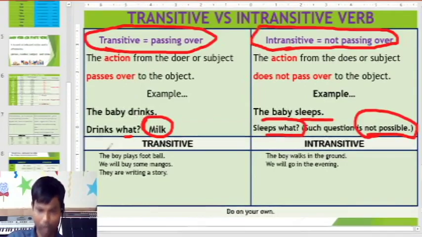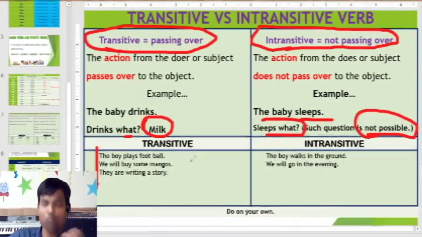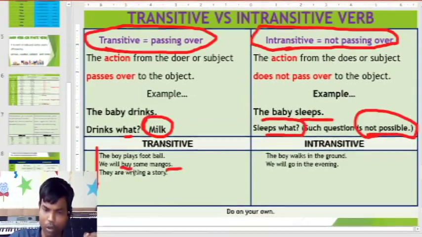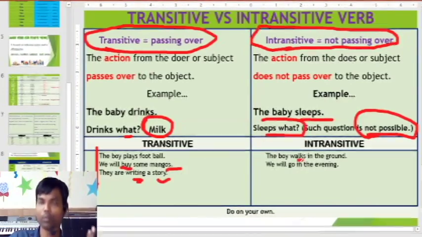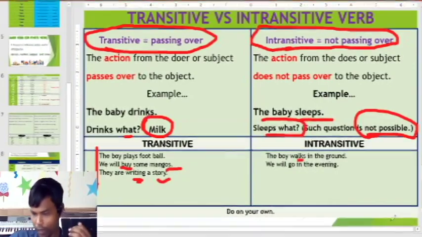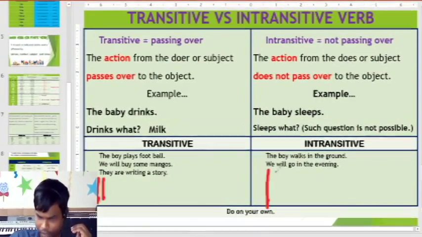Now, I have given you some examples. The boy plays football. We will buy some mangoes. Buy what? Some mangoes. Writing what? A story. Here, the boy walks what? No, impossible. We cannot do that. Walks in the ground. And now, let me clear it again for you. See this empty space.